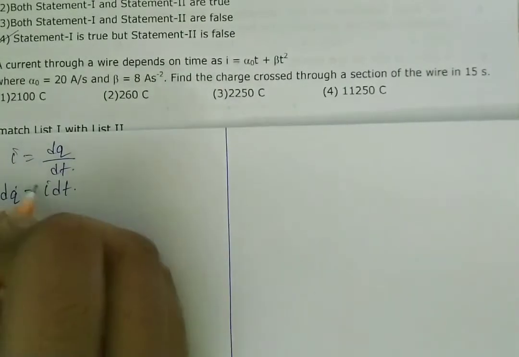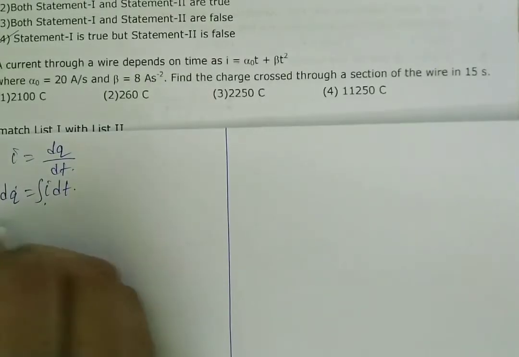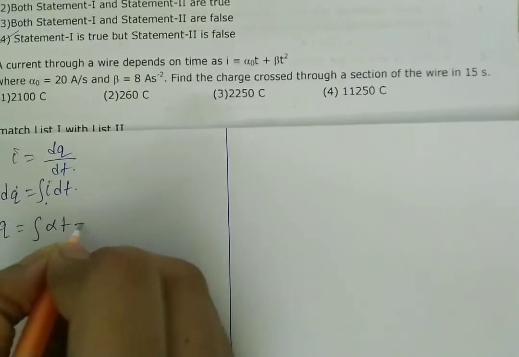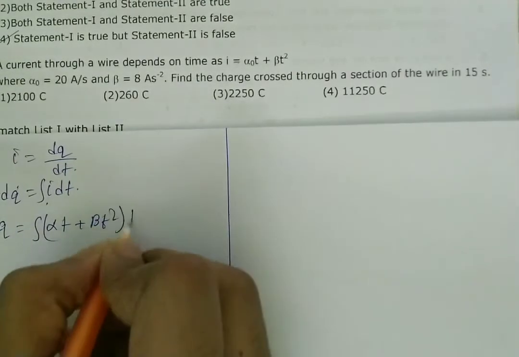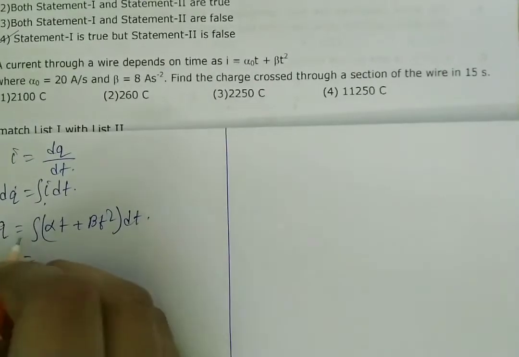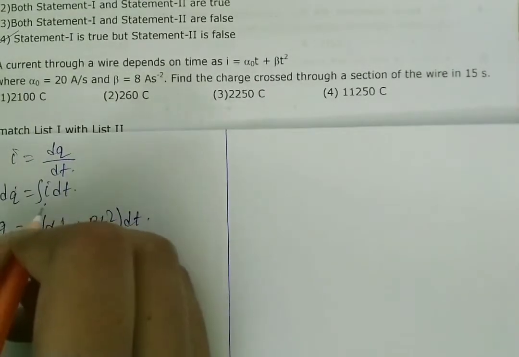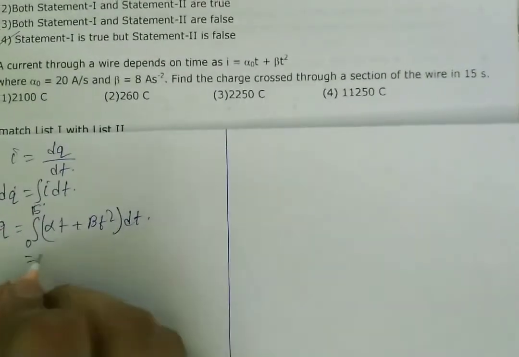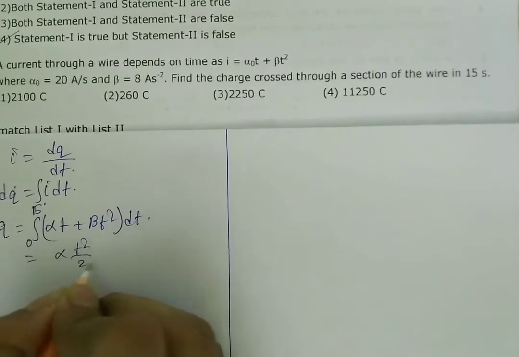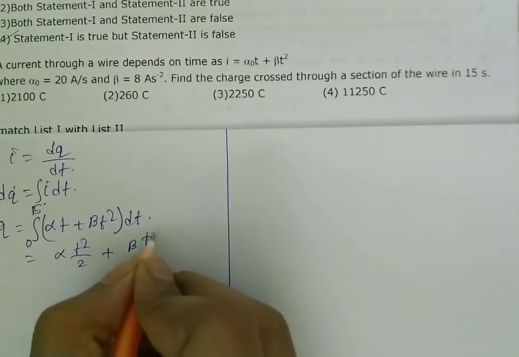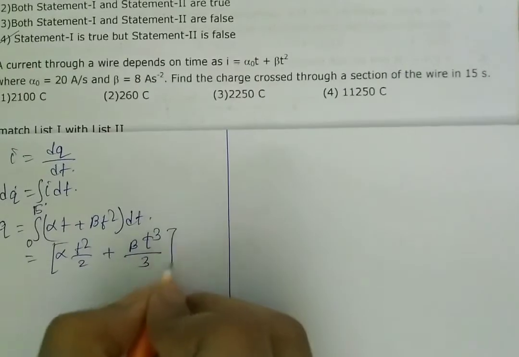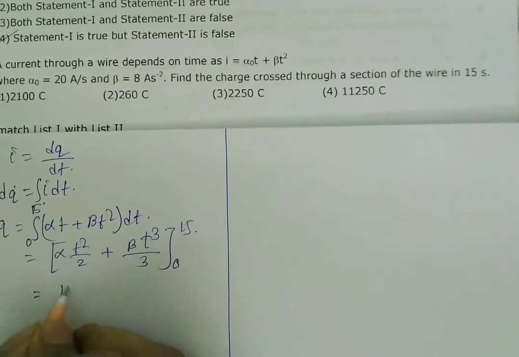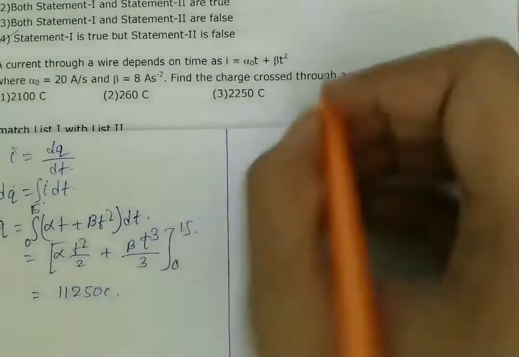Integrating this, we get q is equal to the integration of alpha t plus beta t square dt, from 0 to 15 seconds. So alpha t square by 2 plus beta t cube by 3, and the limit will be 0 to 15. After calculation we get 11250 coulomb. So option 4 is the correct answer.